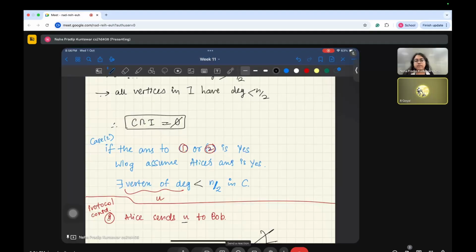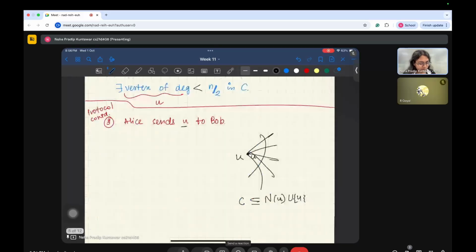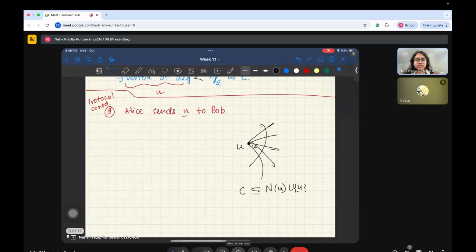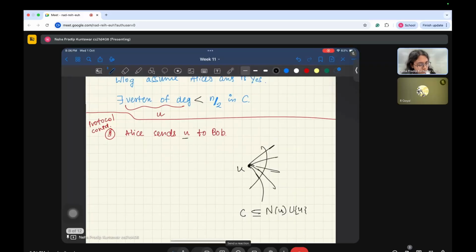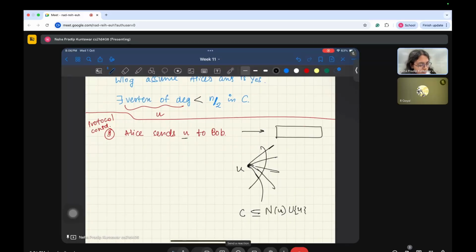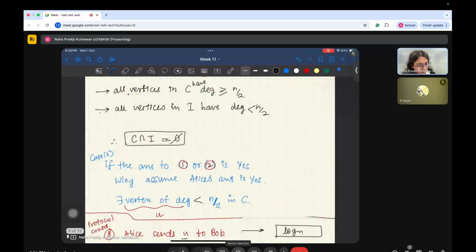So what's the guarantee that both the elements are going to be the same? There's no guarantee. There may be a common vertex, or maybe there is no common vertex. That's why we are continuing our exploration. So this is our log n bits of communication here, and here we used 1 bit.